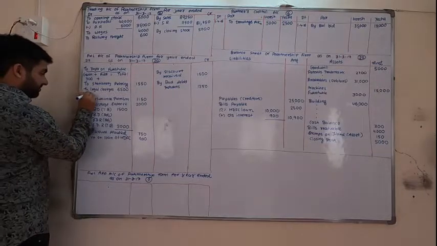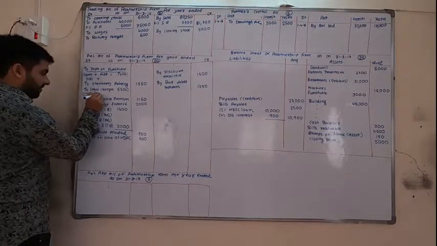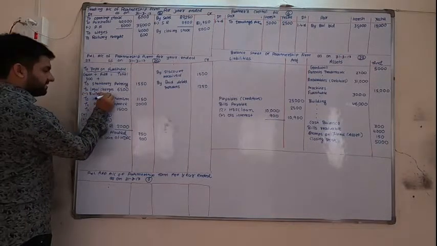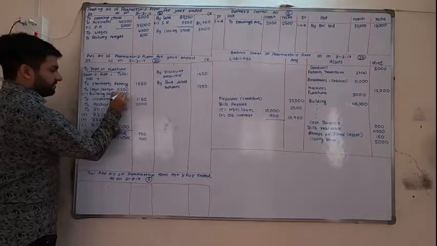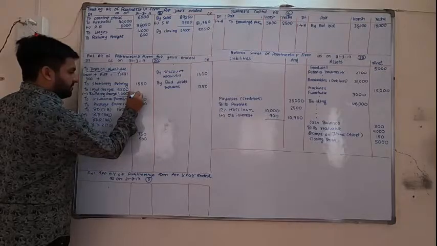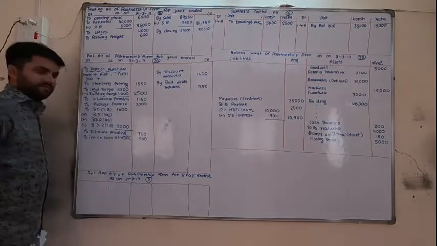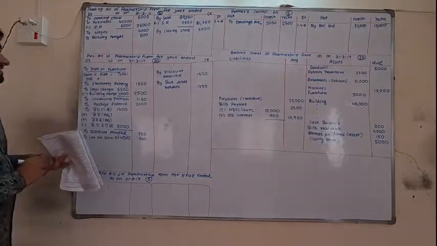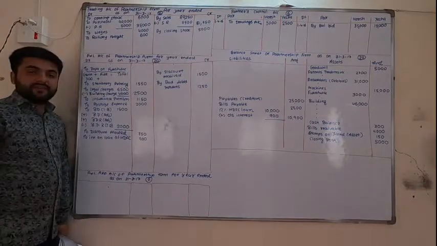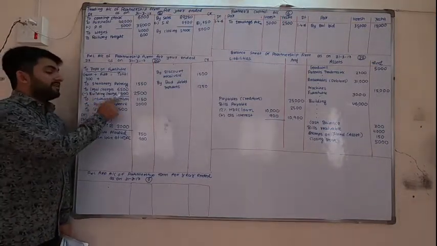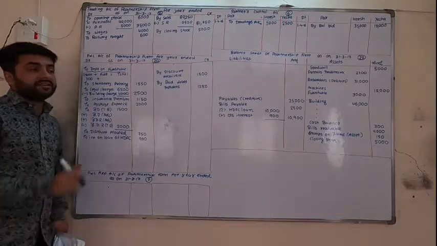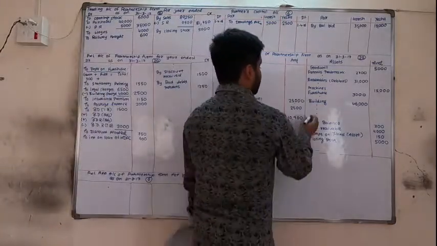Minus building charges 4,000. So in the outer column it should be 2,500. Why? Because these legal charges are normal and it is including 4,000 of building, so minus building charge 4,000, 2,500, and actually that charge should be here.